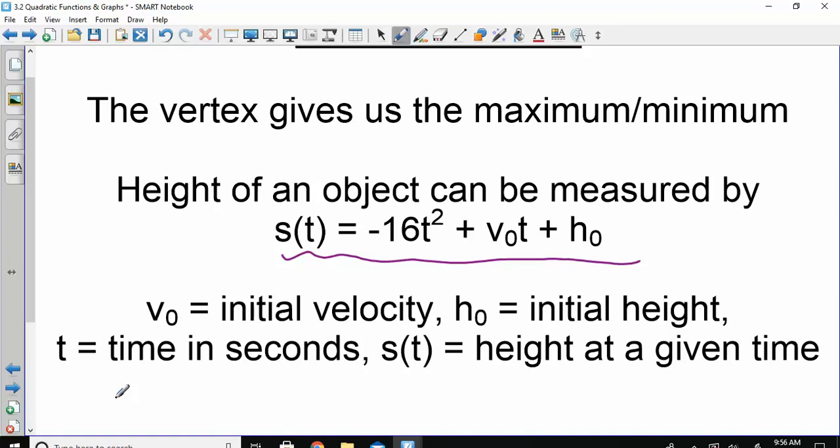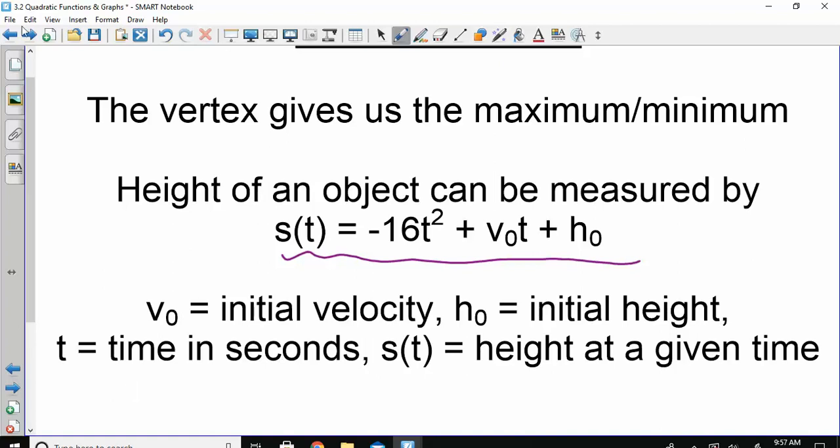And H sub 0 is your beginning height, or height at time 0. We have that stuff down.